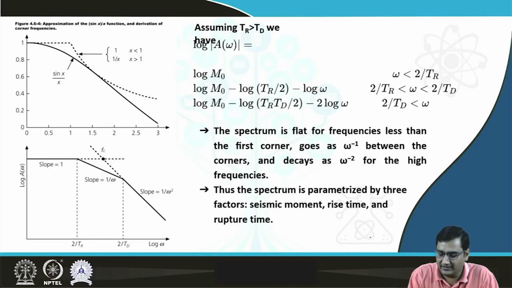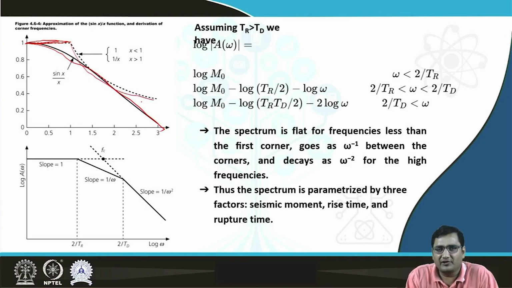You can see the sinc function in its original form looks something like this. It should follow this path, but the approximation we just talked about can be written like that: if x is less than 1, then it is 1, and if x is greater than 1, then it is 1 by x. It is not a very good approximation, but it works well here.